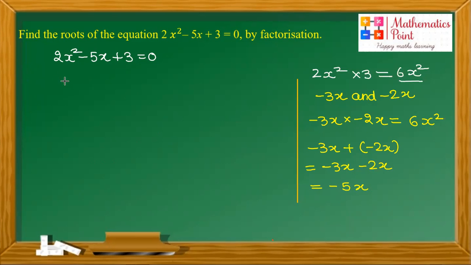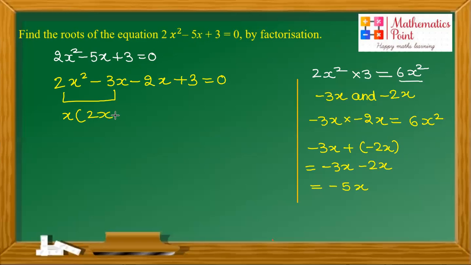So here we will replace the middle term with these two numbers. So what do we get? 2x square minus 3x minus 2x plus 3 equal to 0. From these two terms, we can take x common. So what are we left with? 2x minus 3.